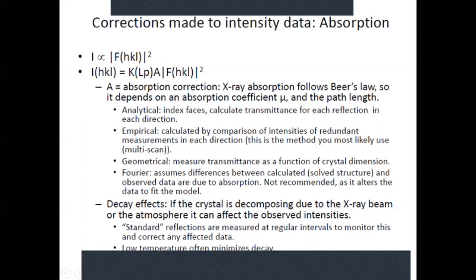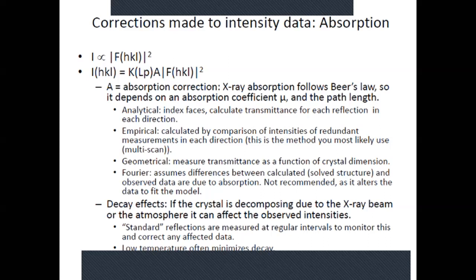And for molybdenum radiation, you can just do what's called the empirical method for absorption correction, because molybdenum doesn't have a very big absorption factor. But with copper radiation, copper is a stronger X-ray beam. It has more absorption.